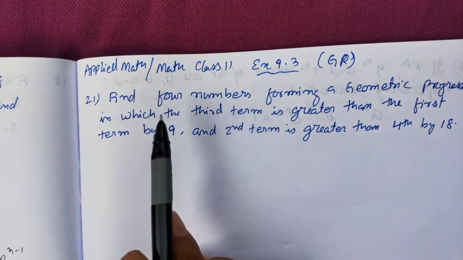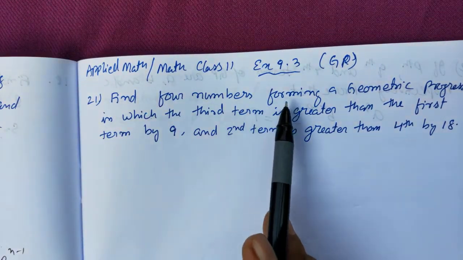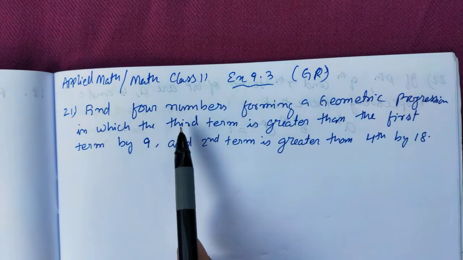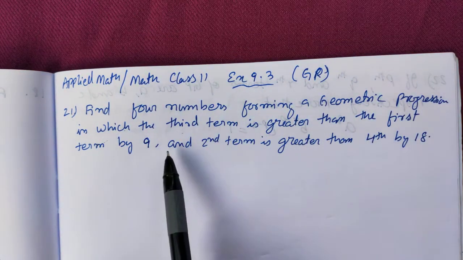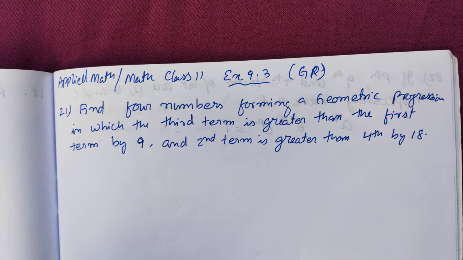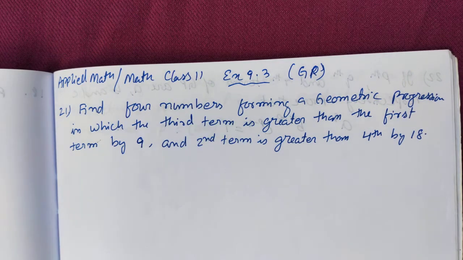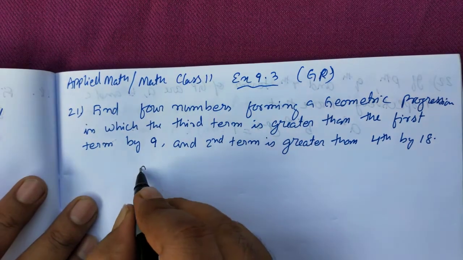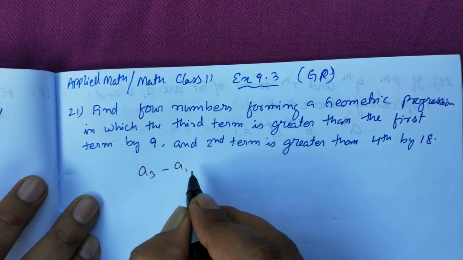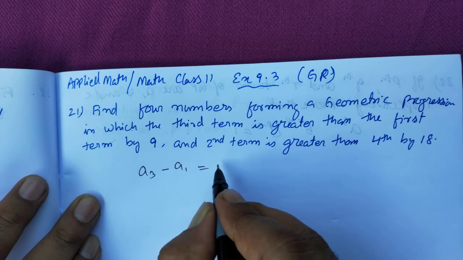Question number 21. Find 4 numbers forming a geometric progression in which the third is greater than the first term by 9 and the second one is greater than the fourth by 18. So as per the question, A3 is greater than A1 by how much? 9.